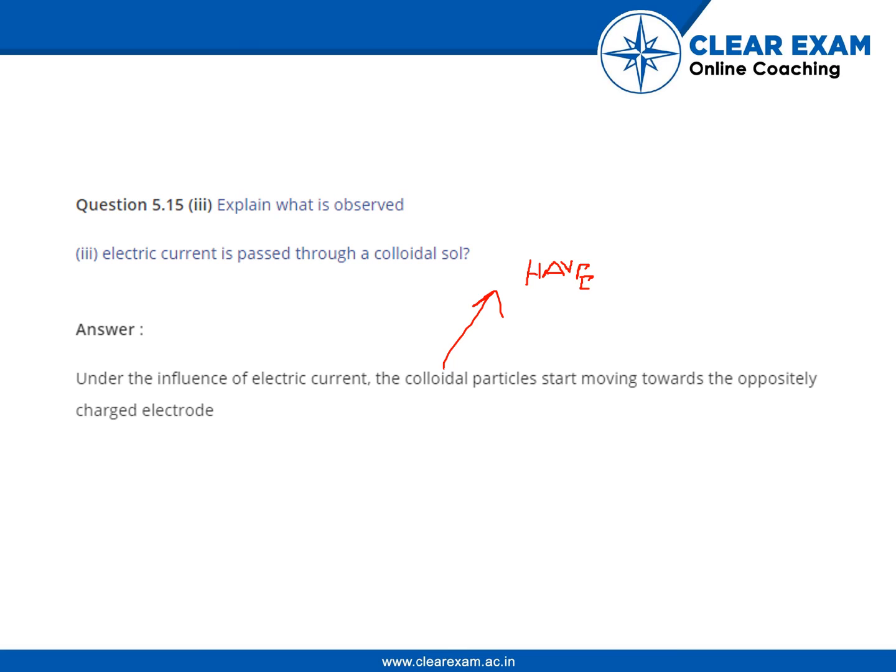We all know this: like repel and unlike attract. So I will write, colloidal particles have charge. Pardon my handwriting. Okay, moving on.